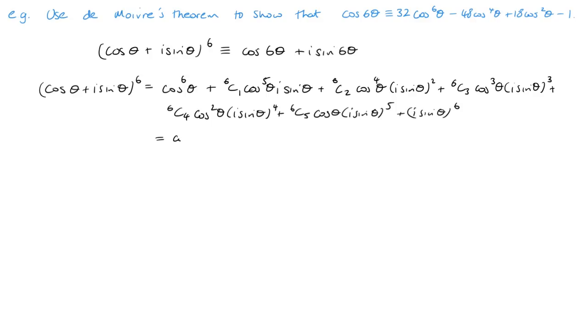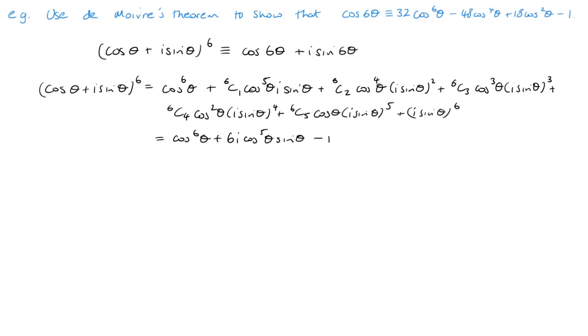So I've got cos^6 theta plus, now 6C1 is 6, so 6i cos^5 theta sin theta. Now 6C2 is 15, and in this one i squared is going to be minus 1.